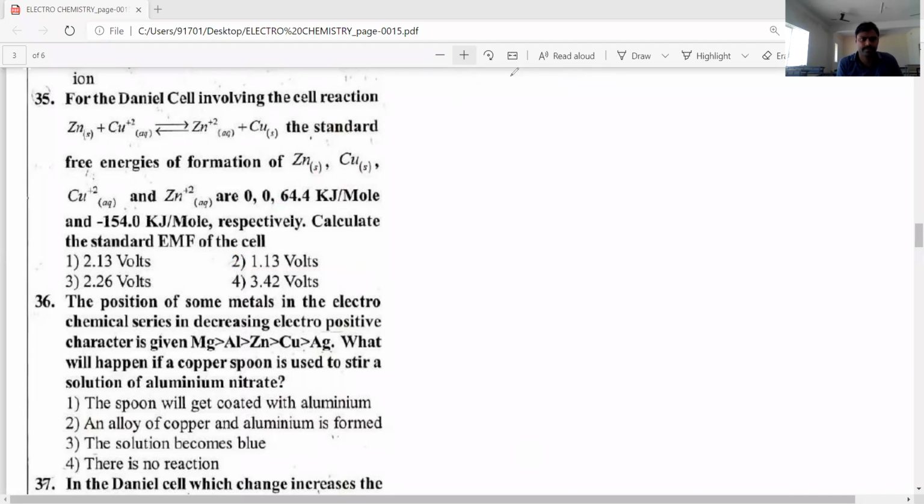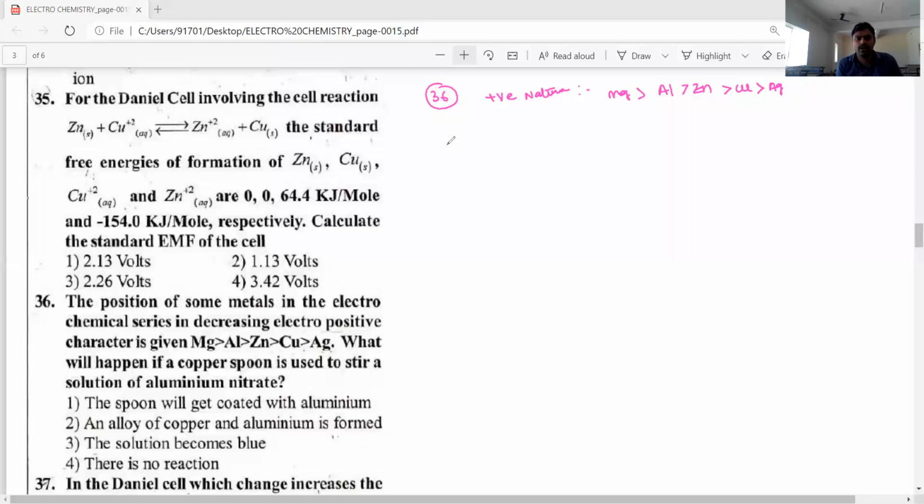The 36th question. Okay, the electropositive nature of magnesium is more than aluminum, then zinc, then copper, then silver.